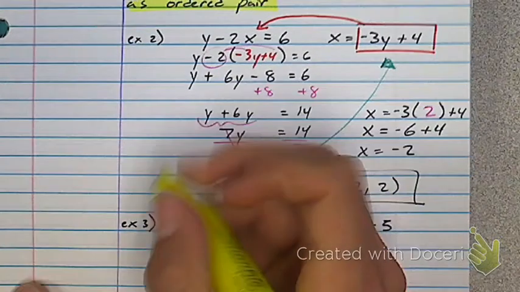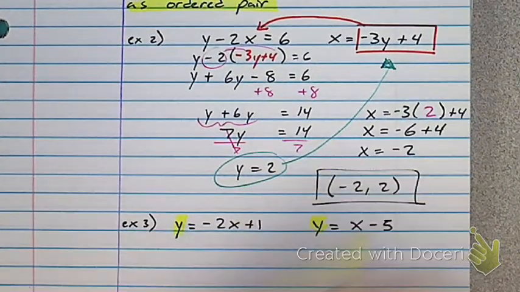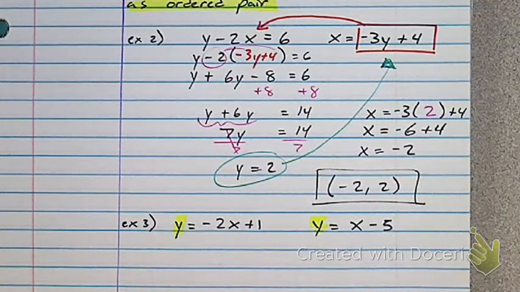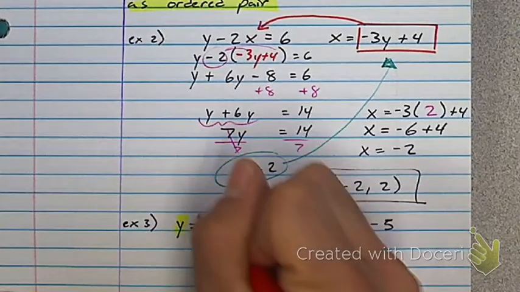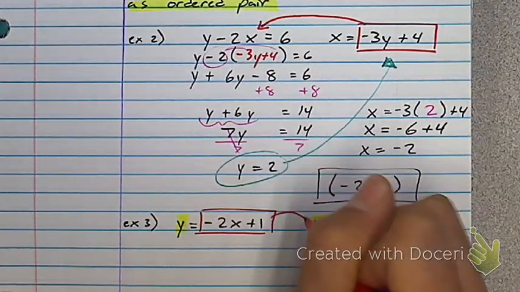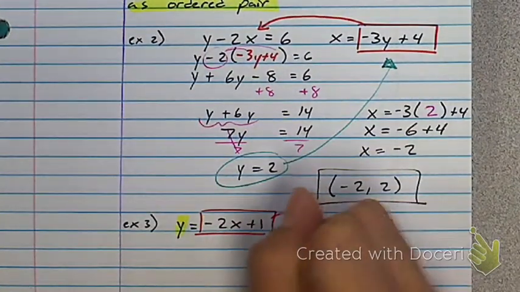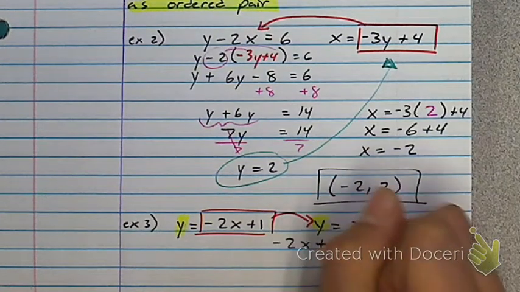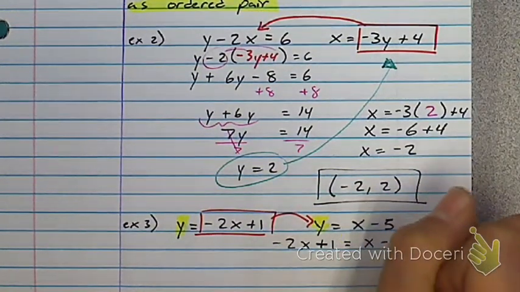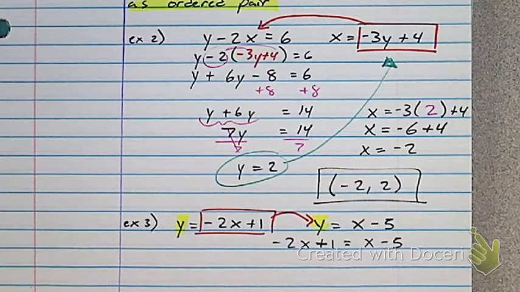Because these two letters match, it doesn't matter which one you pick. Because what ends up happening is this. You end up getting negative 2x plus 1 equals x minus 5. They end up equaling each other. But now, if this said y equals this and x equals this, then you pick either one and plug into the other. But if they match, then you just kind of put them side by side.